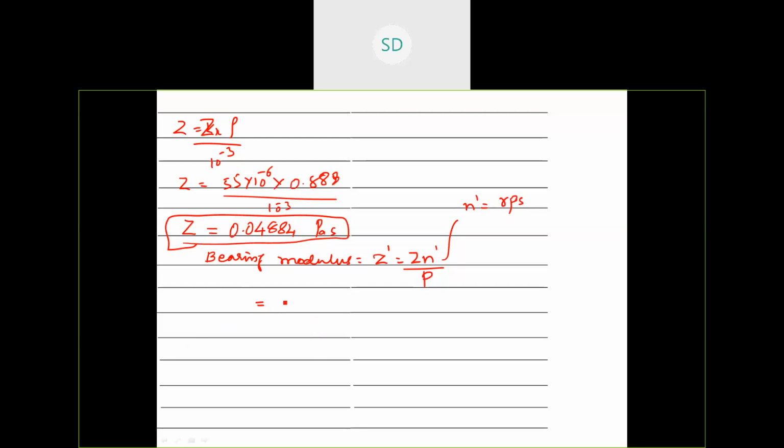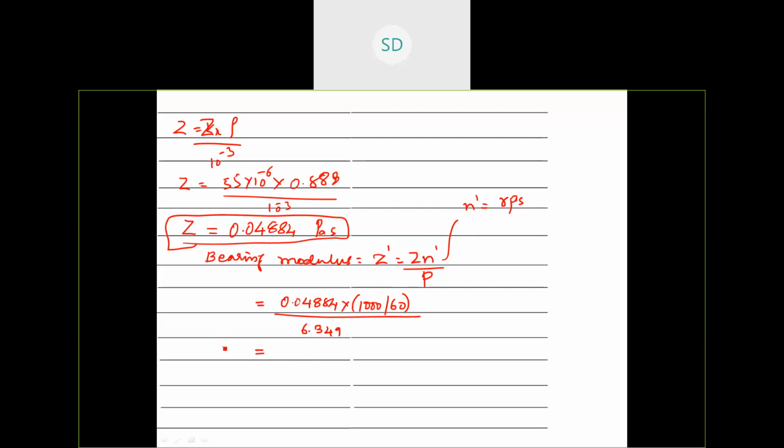Now Z is 0.04884. n dash is 1000 divided by 60 revolutions per second, because the speed is 1000 rpm, divided by the actual pressure, which is 6.349 Pascal.